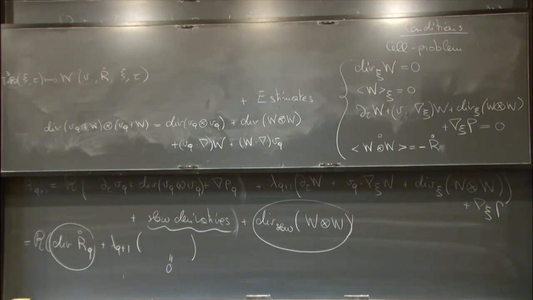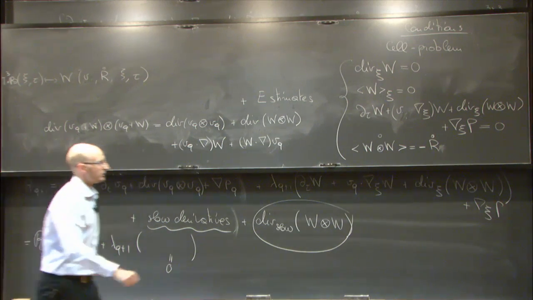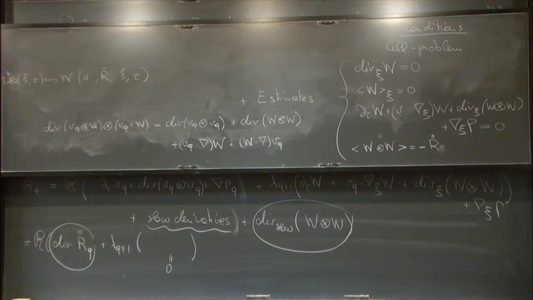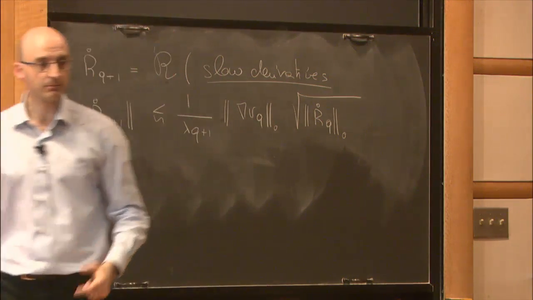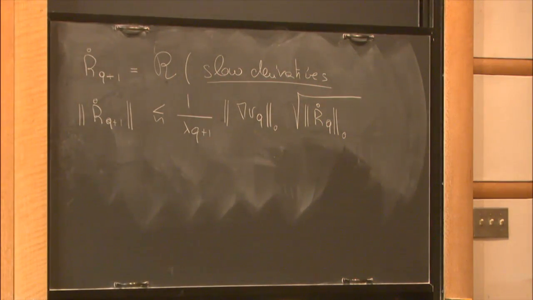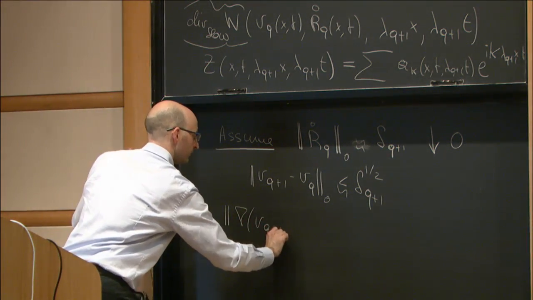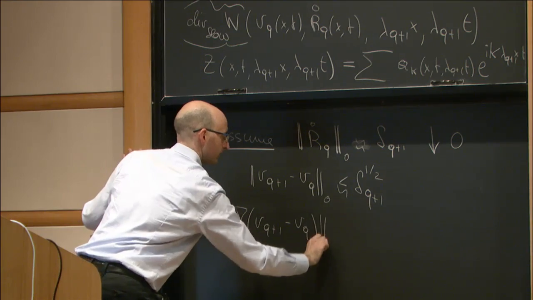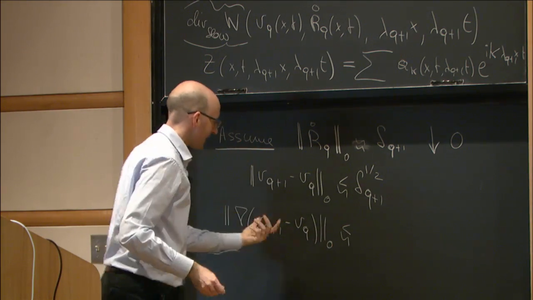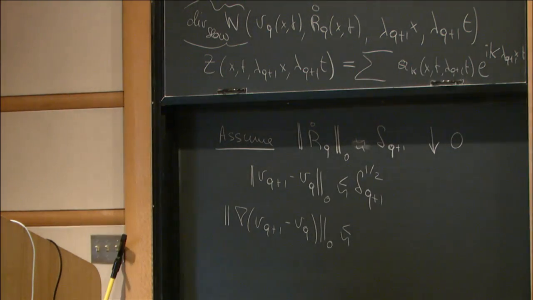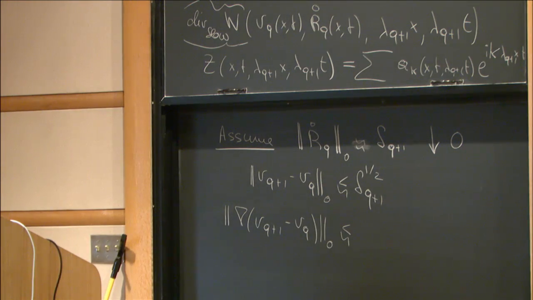Okay, now, of course, in this estimate, what is important for me is that I have to compute the inflation of the C1 norm, okay? So now, of course, what I know when I am computing this derivative is that I am computing the derivative of something which in C0 has the size delta Q plus 1 to the 1/2.